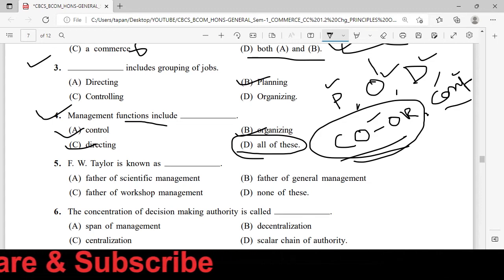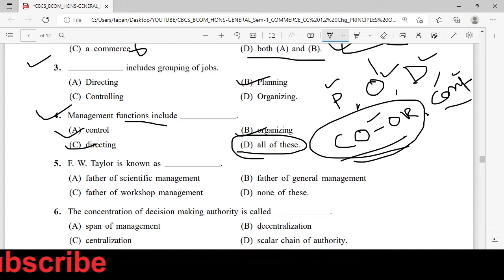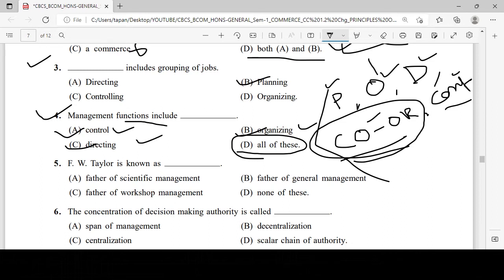Management will be run very smoothly if we follow these items. Management functions: planning, organizing, directing, coordinating, and controlling. Therefore the most important answer is part D, that is all of these.